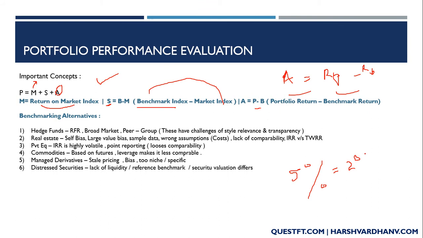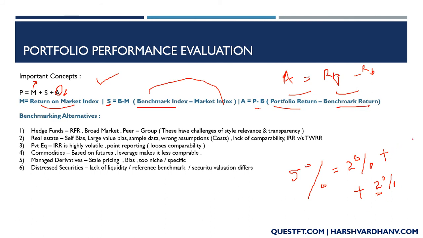So your M becomes 2. For the time being, I'm not putting anything in S, and I'm assuming that due to the active management of the portfolio, the fund manager is able to get 2% out of this.